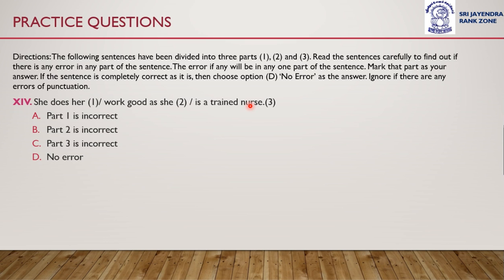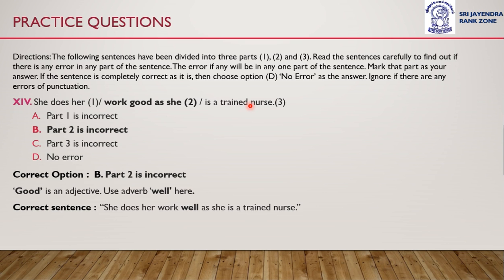The correct answer to this question is option B. Why? Because good is an adjective and we will use a verb. She does her work good; instead of good we will use well. The correct sentence will become: she does her work well as she is a trained nurse.